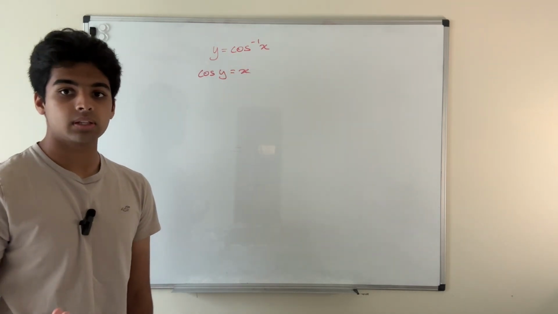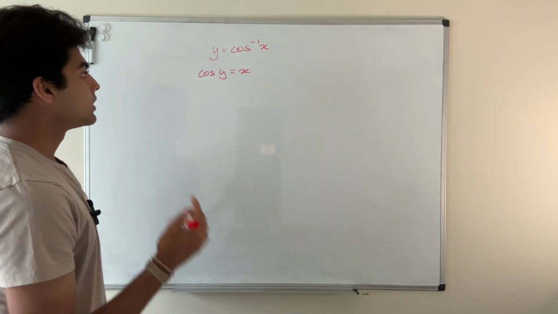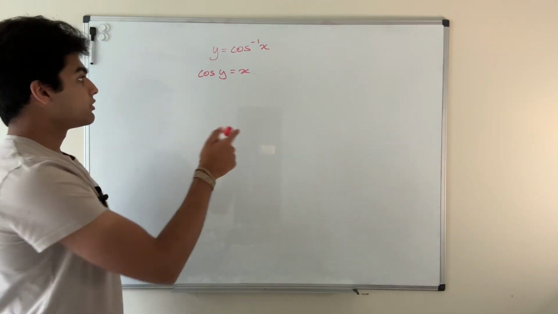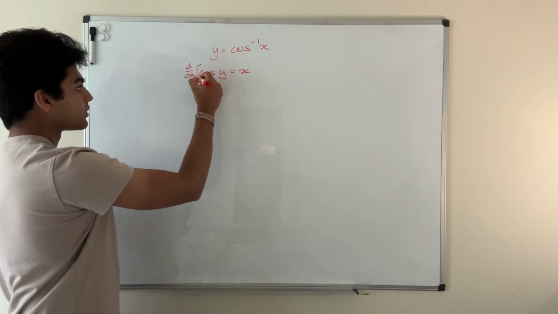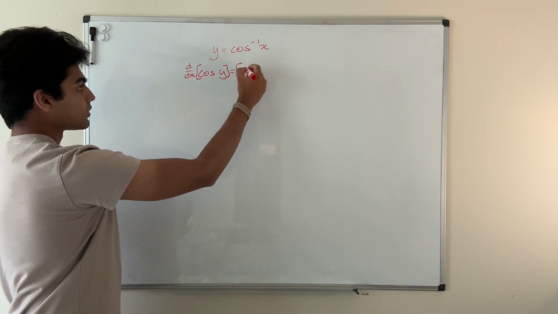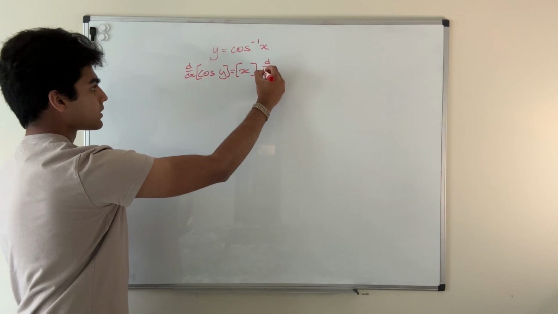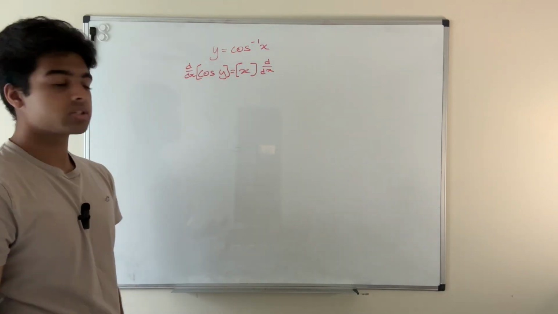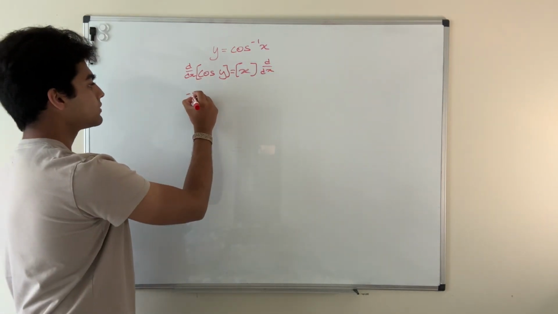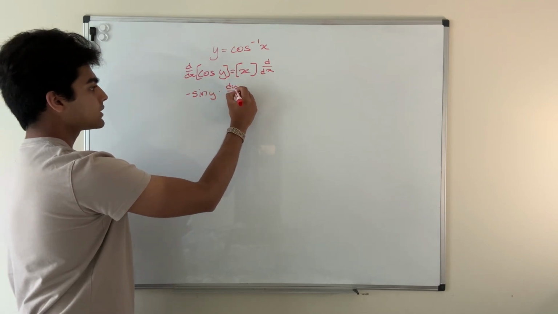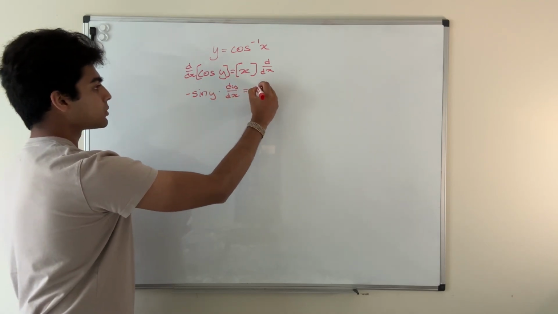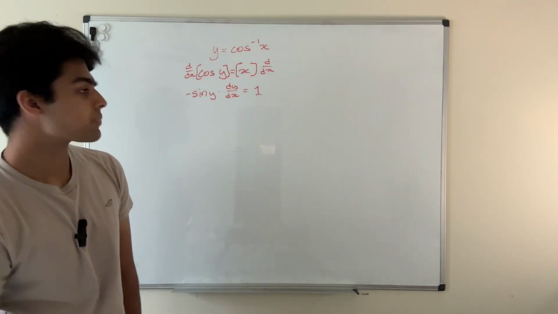This is the same thing that we did last time. So same thing, we're going to take the derivative of both sides. And implicit differentiation again is going to give us negative sine y times dy dx equals 1. Okay?